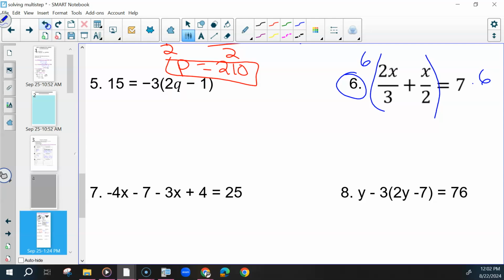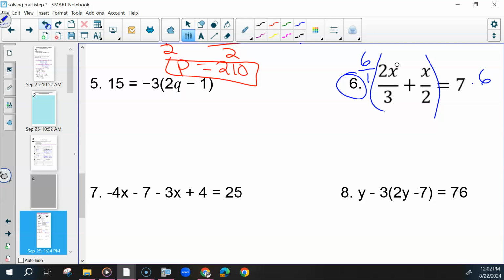And then this is going to be like distributing. But I'm only going to do that to the numerator because all of our whole numbers are really fractions over 1. So when I multiply this together, I'm doing 6 times 2x and 6 times x, 1 times 3, and 1 times 2. So I'll do that.